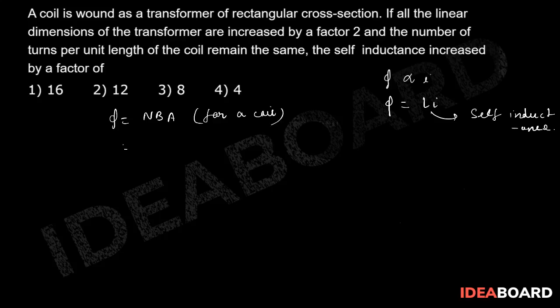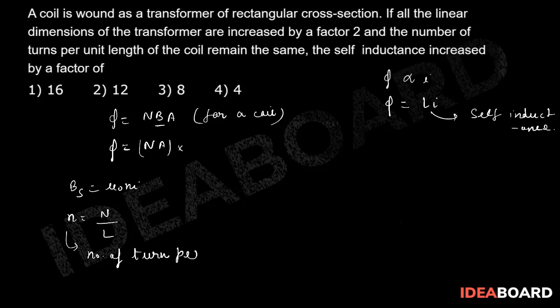So here the value of phi will be N into A, and what is the value of B for a coil? So coil is like a solenoid and B of a solenoid is mu naught into n into I, where this n is equal to total number of turns divided by L. So this n is nothing else, number of turns per unit length.